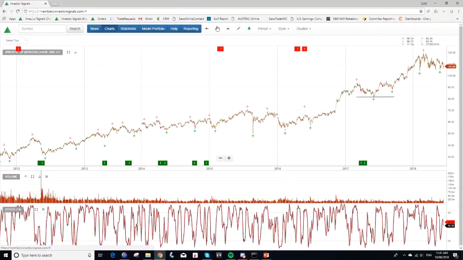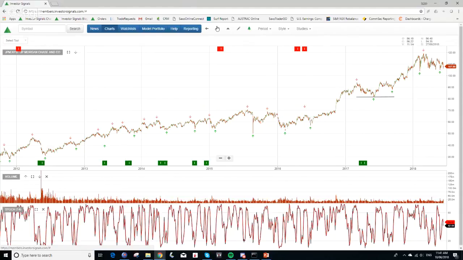JP Morgan, interesting just to think about the comparison between the US banks and the Australian banks, where the Aussie banks are down anywhere from 30 to 40% from their highs, and then you've seen the strength here in JP Morgan, which is really a global leading bank franchise.